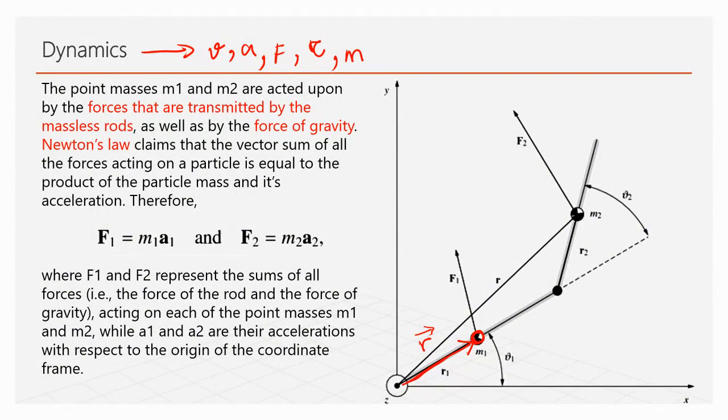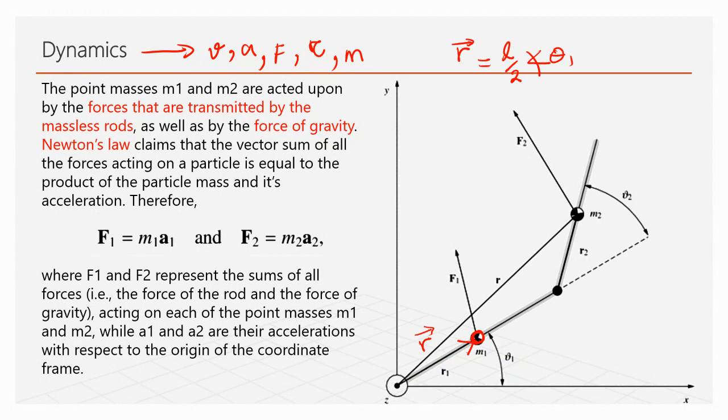This r1 can be represented with the angle theta 1, and its length is half of the total L. So r1 is a vector with a length of L over 2 and an angle of theta 1.